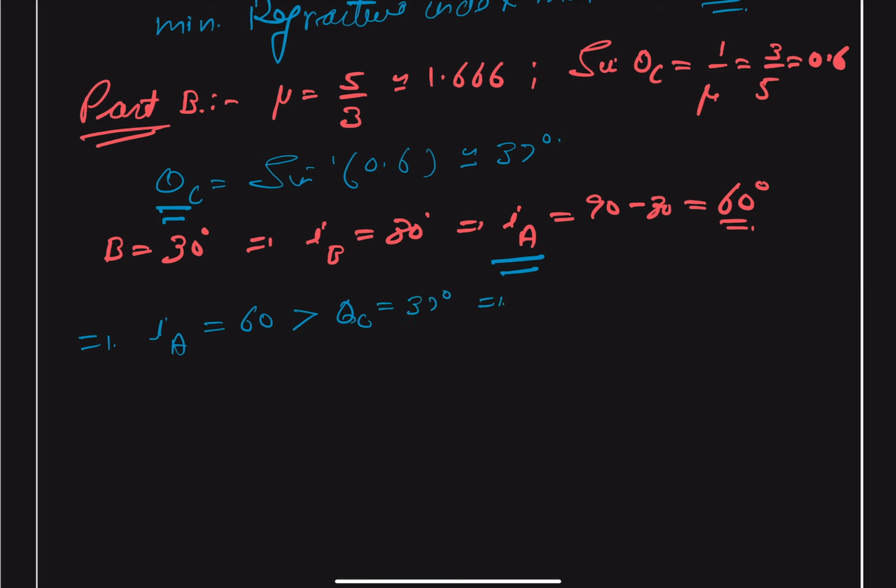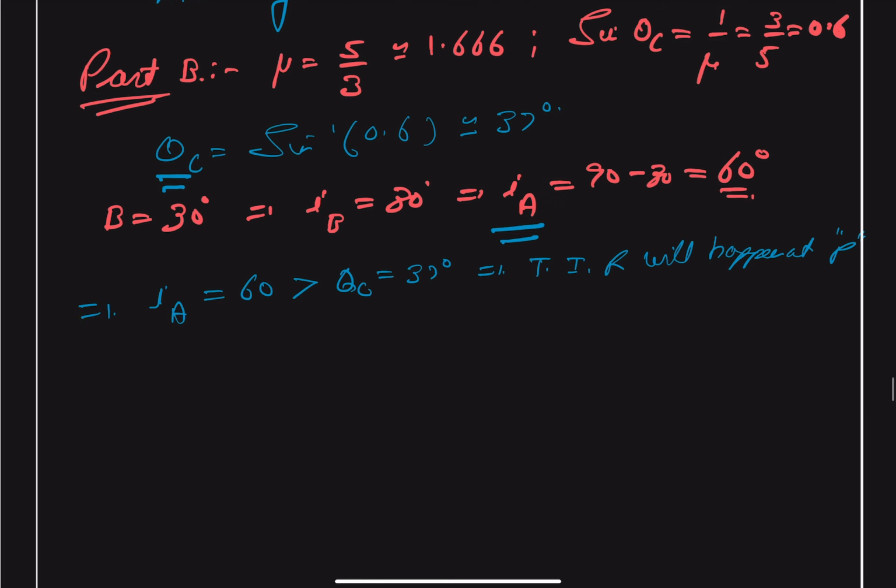So from here we can say that total internal reflection will happen at P. But our IB is 30 degrees, which is less than the critical angle, which is once again 37 degrees.